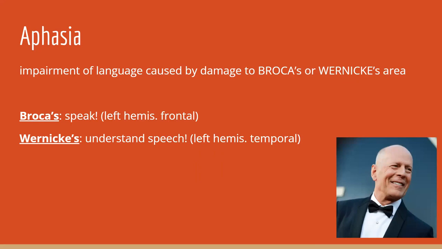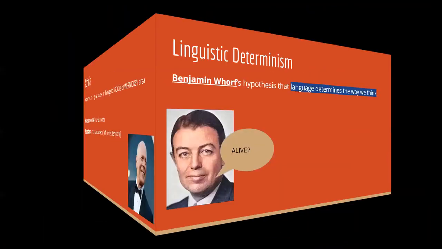The temporal is for hearing, frontal is for making decisions or judgments. And if you see this actor in the picture, he has aphasia. That's the only reason why I included a picture. That's just an example. But you have an impairment of language. So maybe you can't speak, or maybe you can't understand speech, depending on which area was damaged.